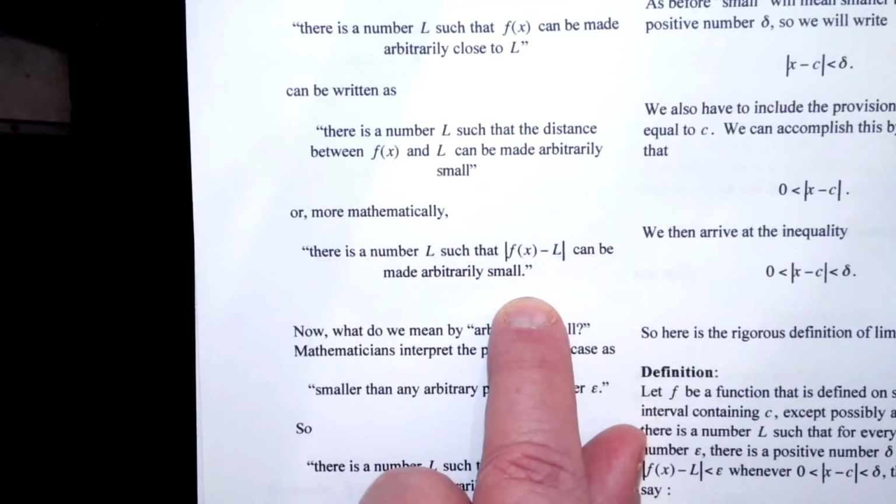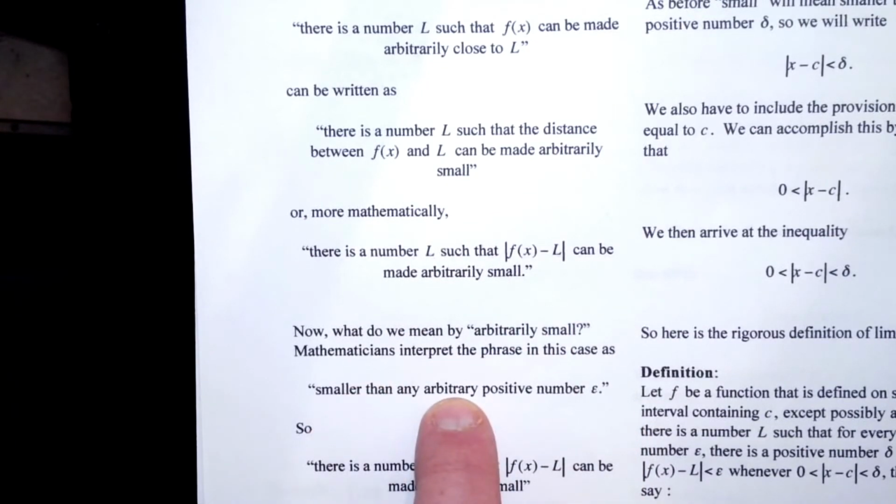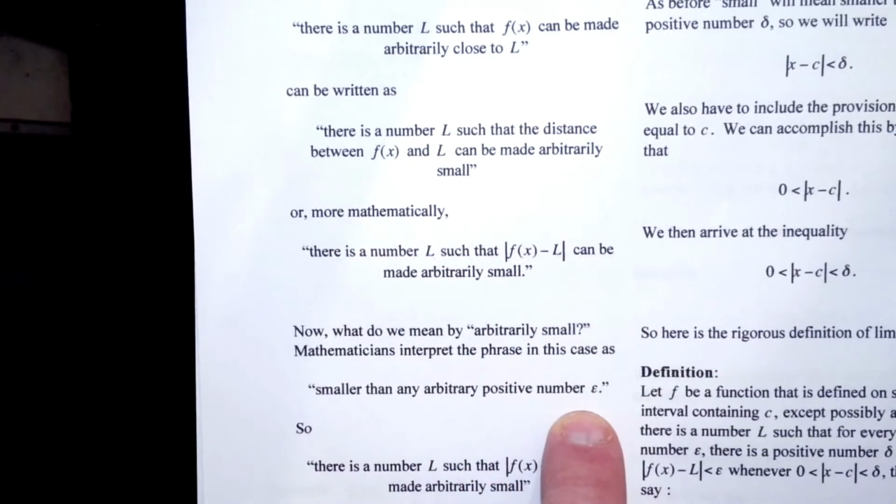But again, what does this arbitrarily small mean? It means smaller than any arbitrary positive number epsilon. So if someone gives us an epsilon like 0.01, well, that's one value of epsilon, but it's arbitrary, it's not specified. So we are just going to go with representing this value as this lowercase epsilon.